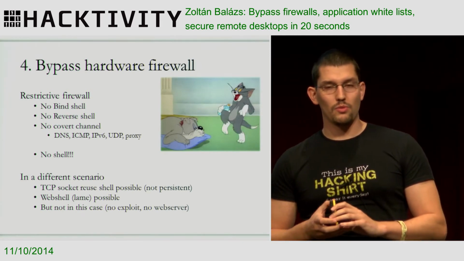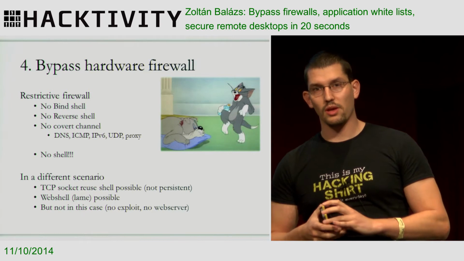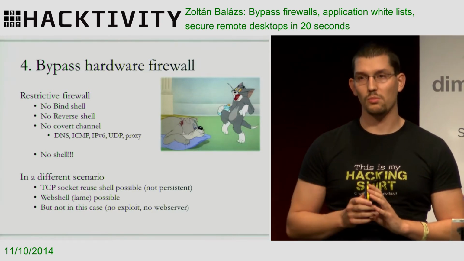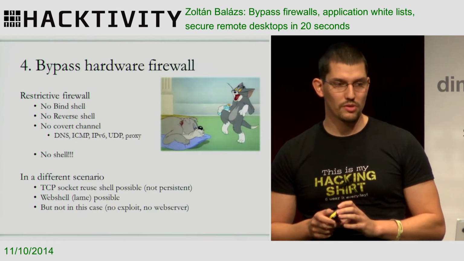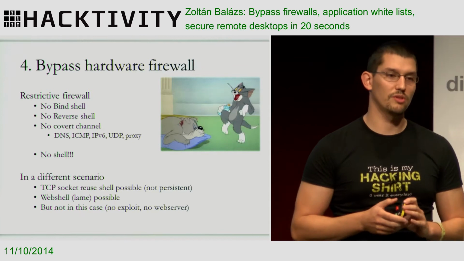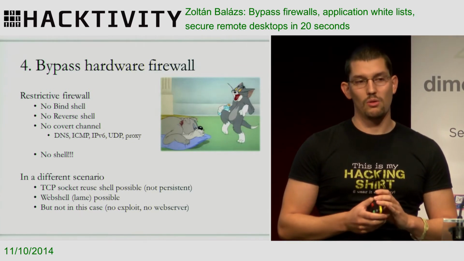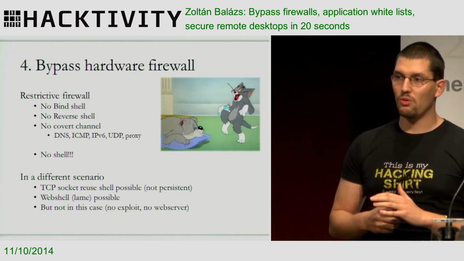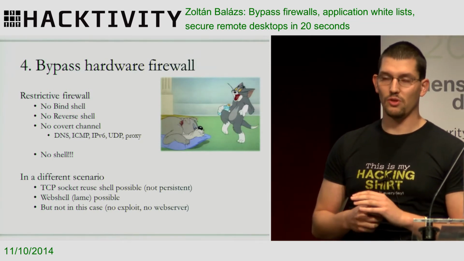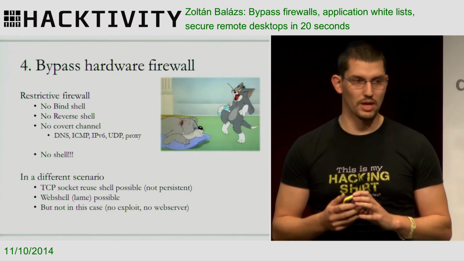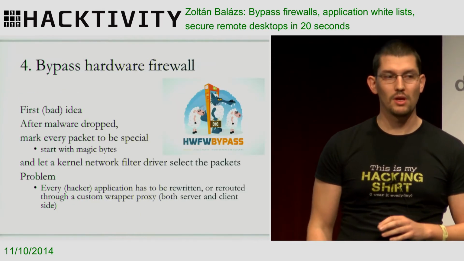And if you think about different hacking scenarios, there are some ways to bypass the firewall. For example, you can use exploits which will reuse the TCP socket, or you can use some lame web shell, but all of these have their limitations. For example, it's not persistent, it's not interactive, or something like that.